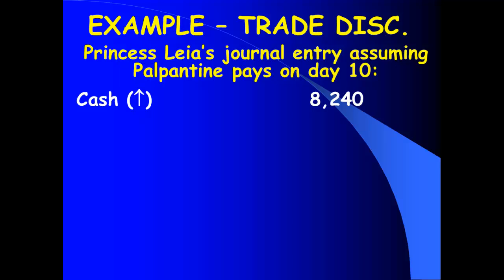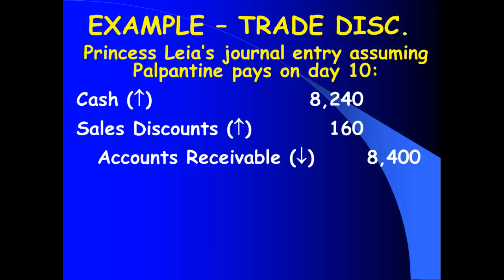Does he owe me anything once he makes this payment? No. Accounts receivable is an asset. It's going down with a credit. So if you would skip a line in between, we're going to have a debit of cash. We're going to have a credit to accounts receivable for the $8,400. To make that entry balance, I would need a debit of $160, and the debit goes to sales discounts.